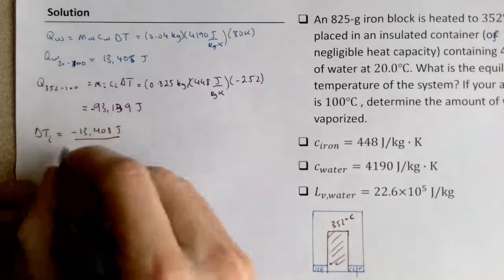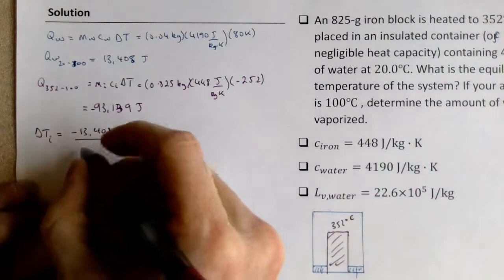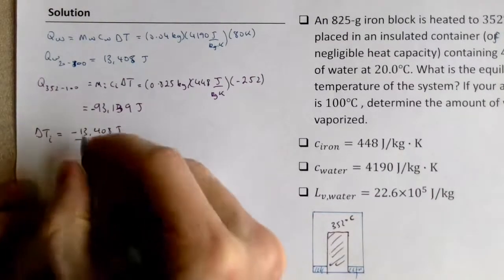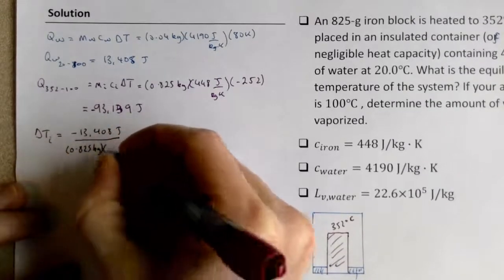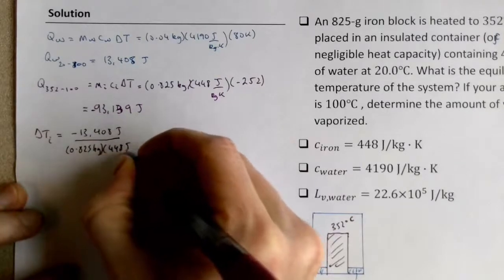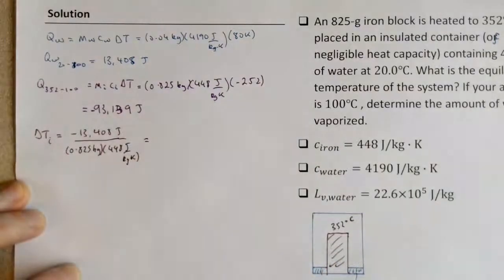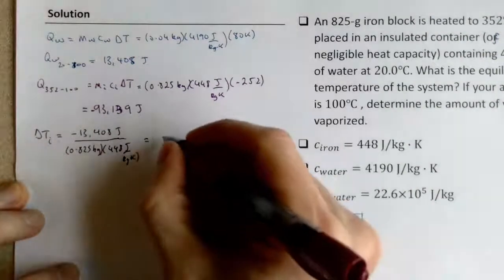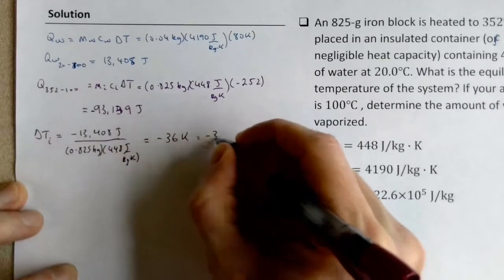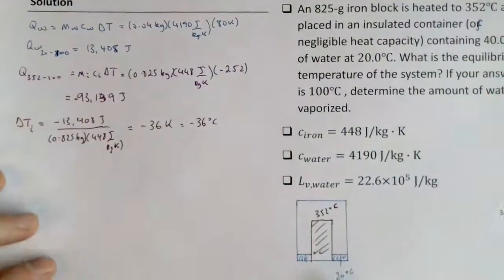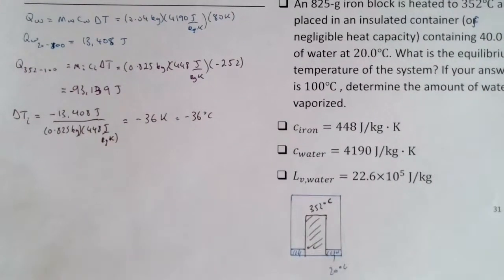This is not completely necessary to solve the problem, just additional review. Divided by the mc of the iron, 448 joules per kilogram Kelvin, that gives a temperature change of about negative 36 Kelvin, which is the same as negative 36 degrees. So in heating the water up to 100 degrees, the iron block is only going to cool down by 36.